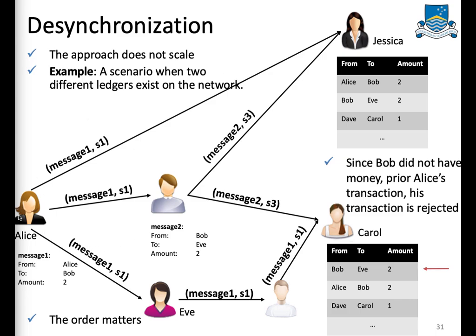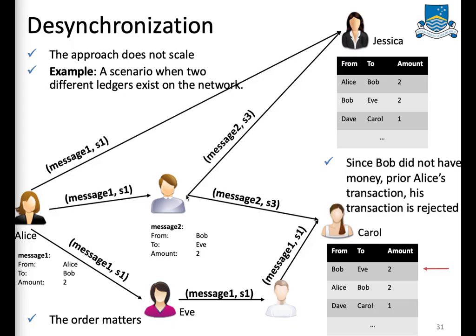Say Alice advertises her payment to Bob to everyone on the network. Bob receives this notification first, since he is directly connected to Alice's node, and then checks that there are enough funds associated with Alice's account in his ledger, and say that there are.